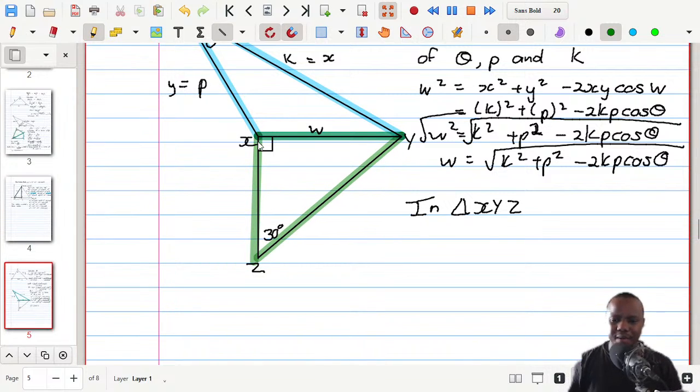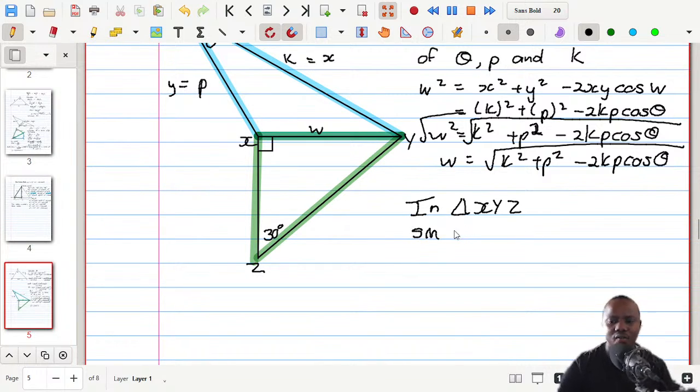If you can remember, this is a right angle triangle. Seeing that it is a right angle triangle, this means that for us to calculate YZ, we need to use the trig ratios. Now, w, I already know it's opposite my reference angle of 30 degrees. ZY is my hypotenuse. Opposite and hypotenuse, that's sine.